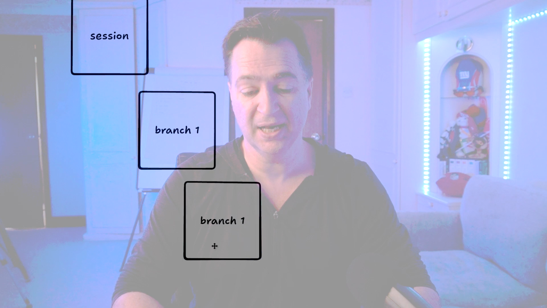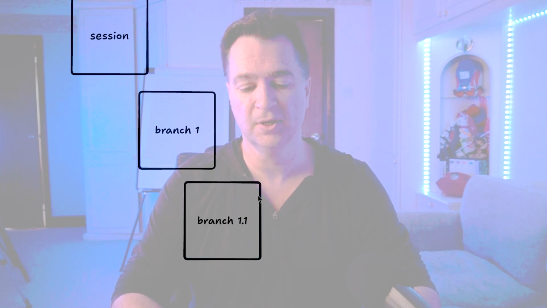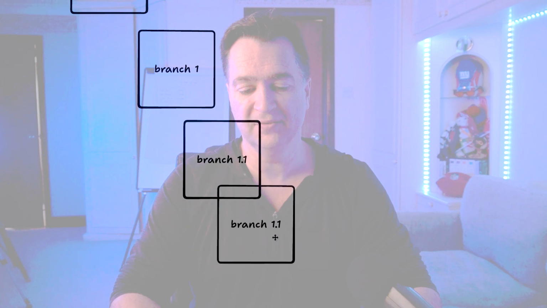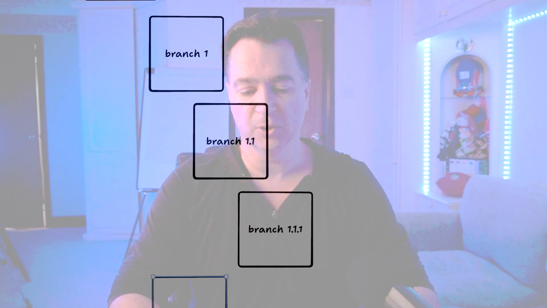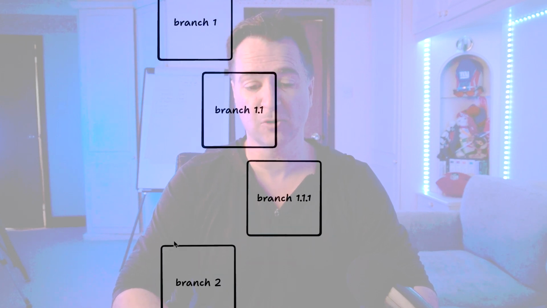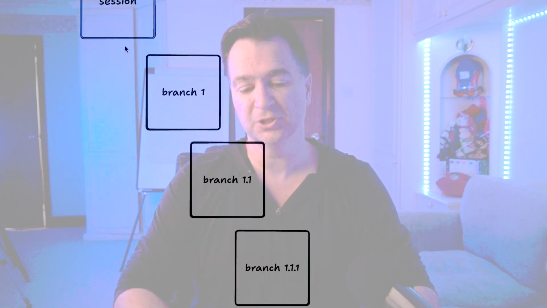And then we're going to have conv1, and then maybe branch 1, and we could have branch 1.1 if we wanted. We could keep doing this forever, right? We could even have branch 1.1.1, but then if we want to, we can go to branch 2. So this is the power of not having a flat conversation hierarchy in our session.